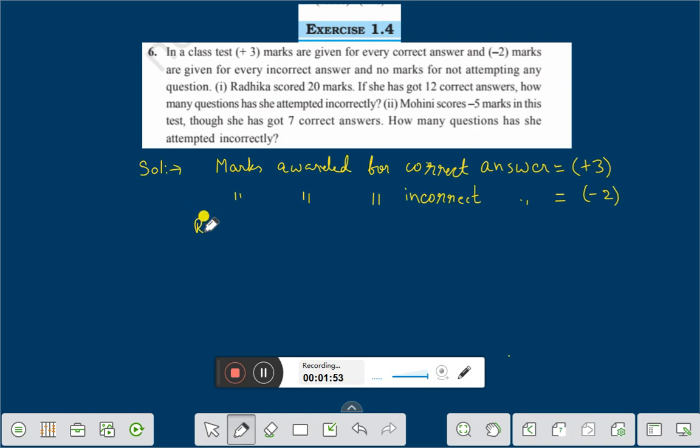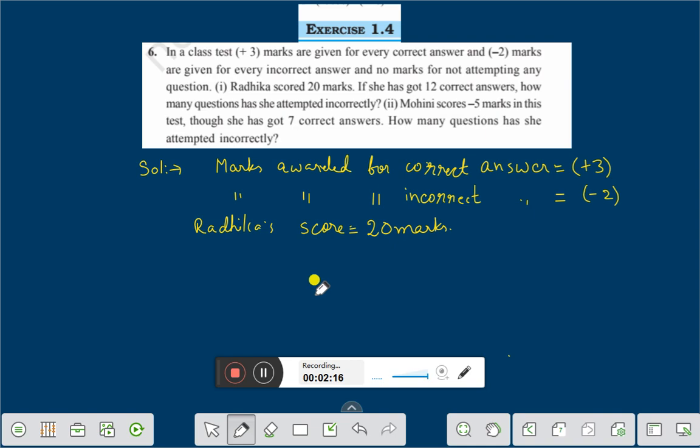Now Radhika scored 20 marks. Radhika's score is equal to 20 marks, right?